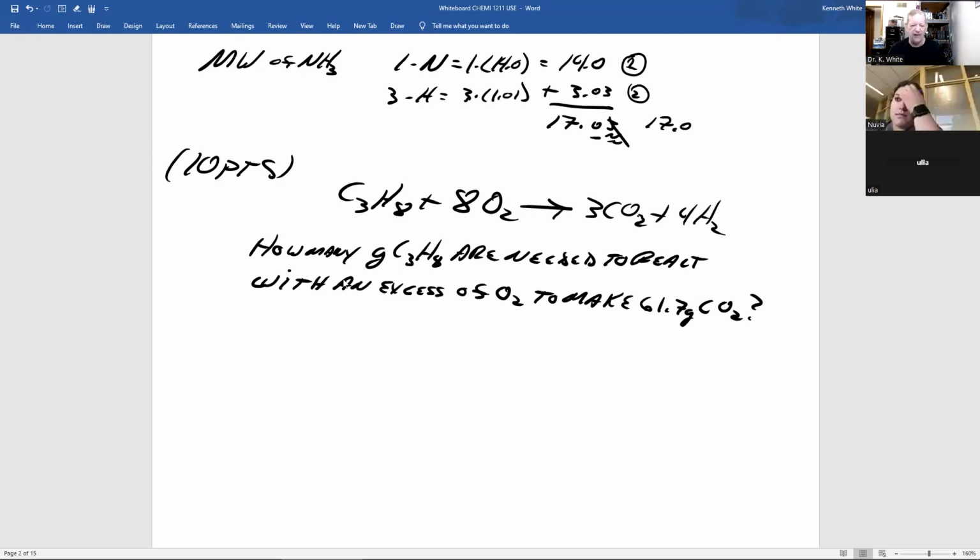You're given a balanced chemical equation right here. And that's propane, C3H8, reacts with O2, oxygen gas, to make carbon dioxide, CO2, plus hydrogen.